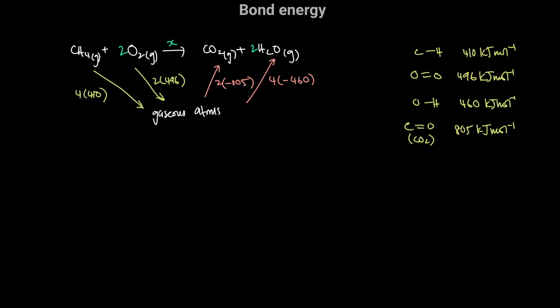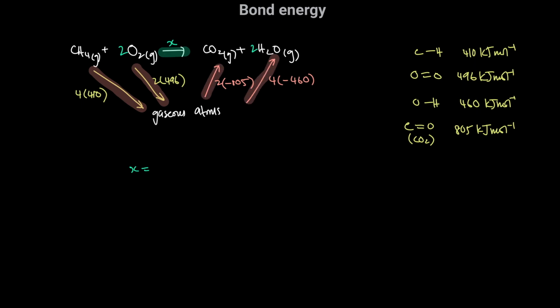So we can say that the enthalpy change of the reaction, that's X. We can go directly from reactants to products. That will be the enthalpy change of the reaction, and that's the same as first breaking the bonds in the reactants and then making the bonds in the products.